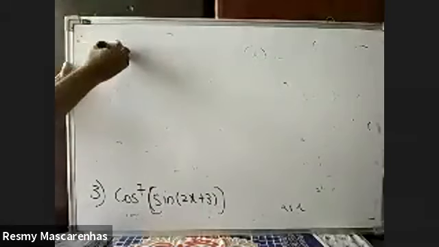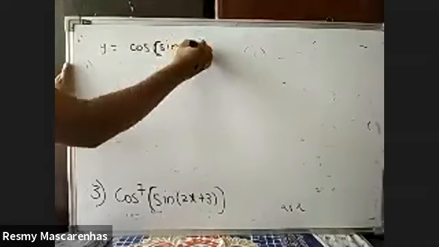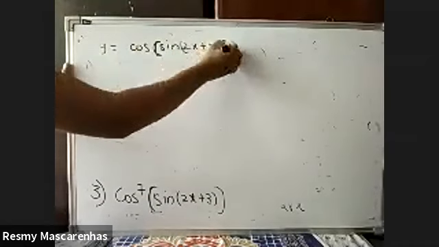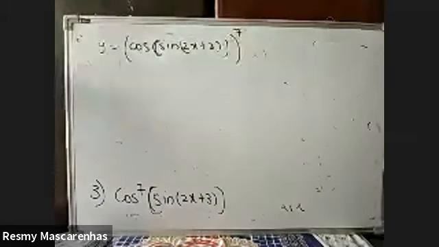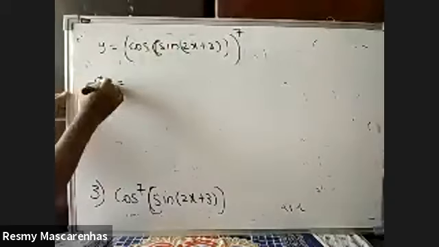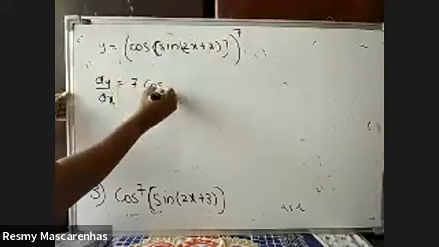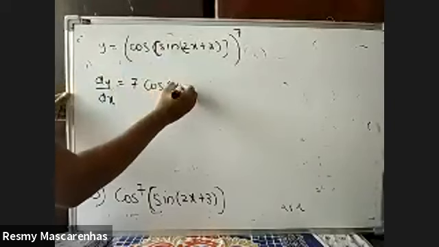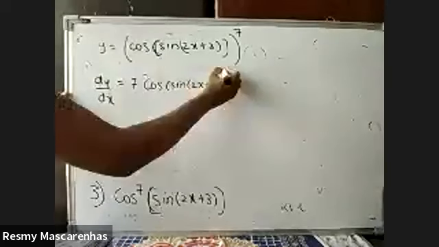You can also write it as cos of sine. So what will it look like? First, dy by dx will be 7 cos of sine 2x plus 3, raised to 6.